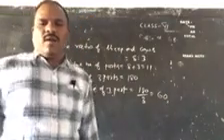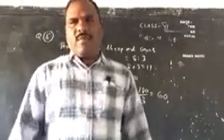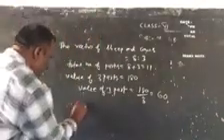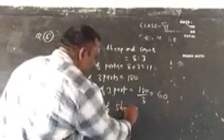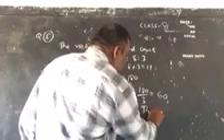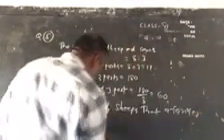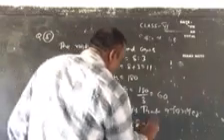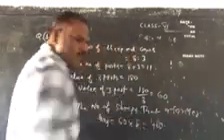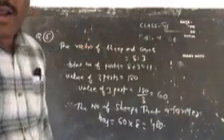Okay, now the number of sheep that the farmer has is 60 into 8 equal to 480. A farmer has 480 sheep.